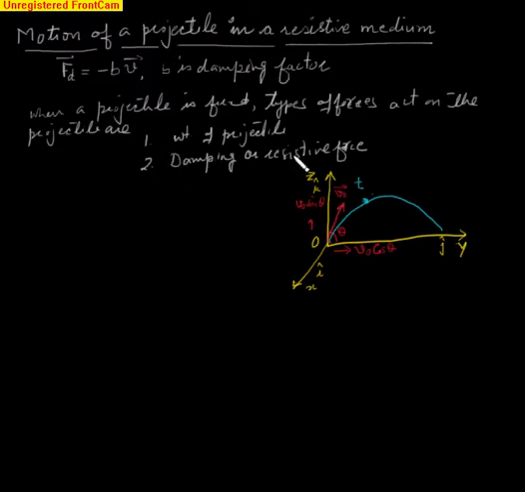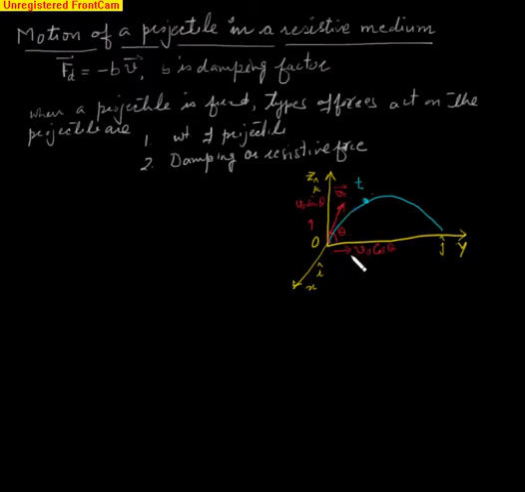Under the action of these two forces, let us assume that a projectile is fired in the YZ plane such that the x-axis is along this side. So we assume that the projectile will move only in the y and z plane. Let us assume it is fired with initial velocity v naught, which can be resolved into two components.